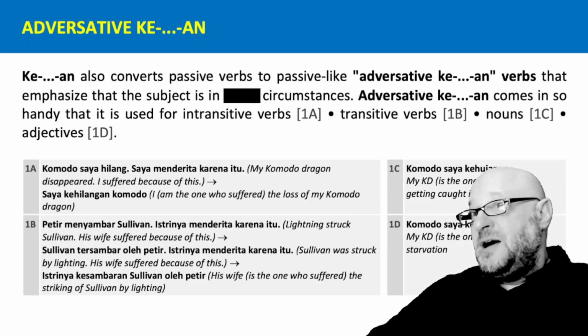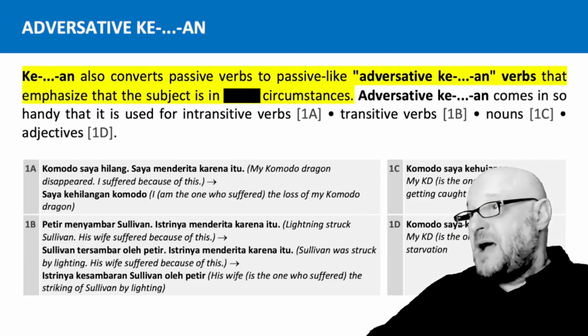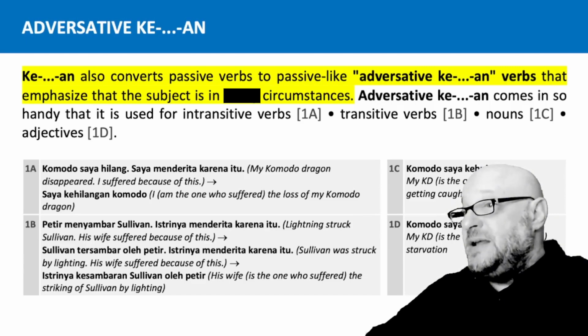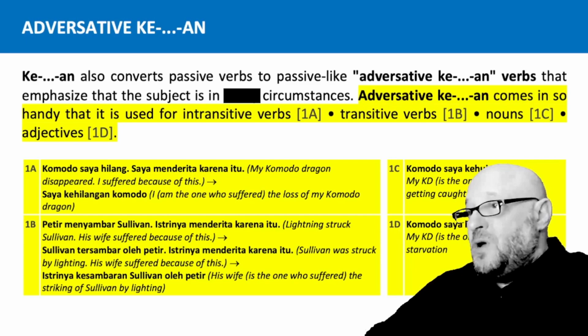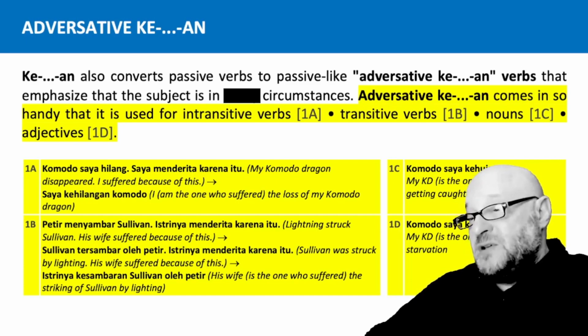Adversative ke-an. Ke-an also converts passive verbs to passive-like adversative ke-an verbs that emphasize that the subject is in unfortunate circumstances. Adversative ke-an comes in so handy that it's used for intransitive verbs, transitive verbs, and nouns and adjectives.